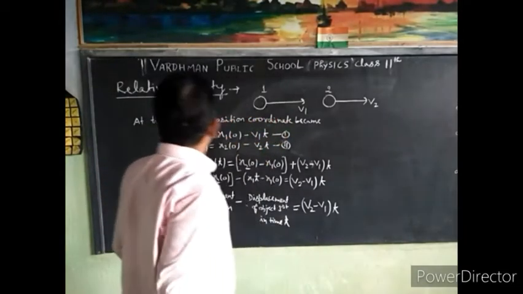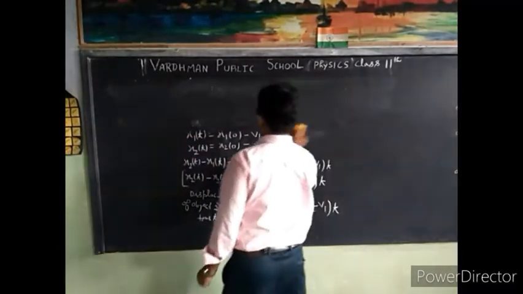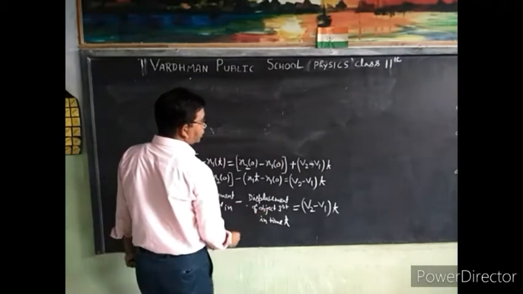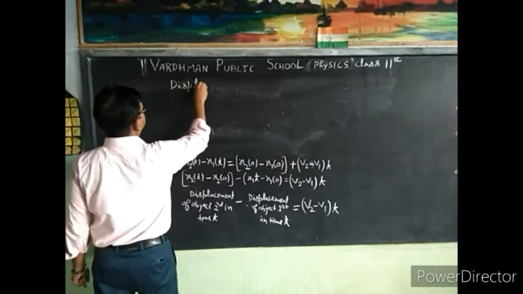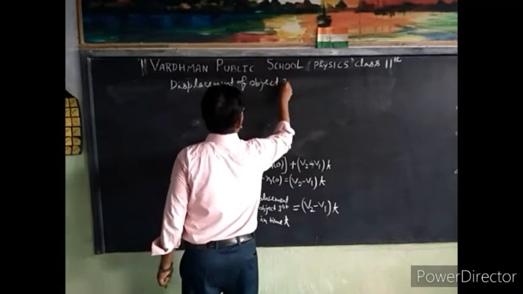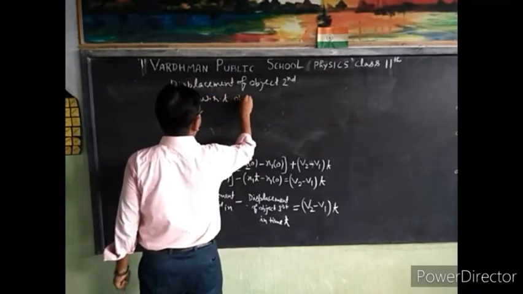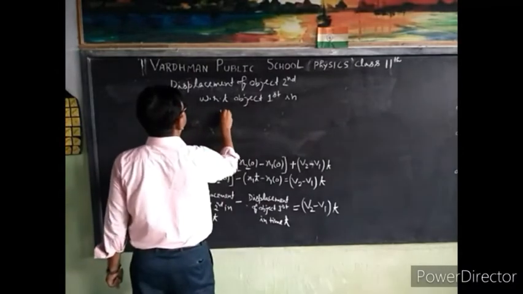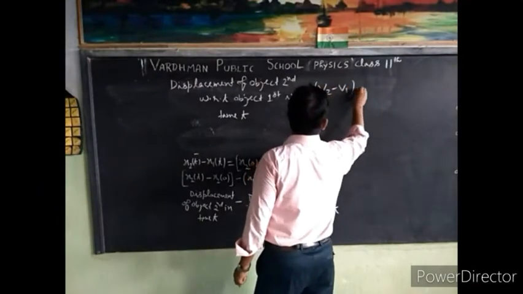Now we can write the displacement of object second with respect to object first in time t equal to v2 minus v1 into t.